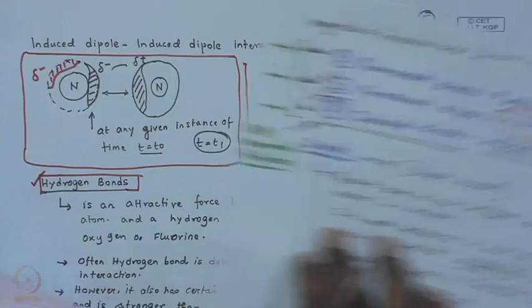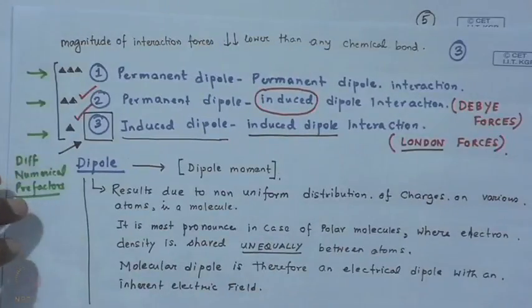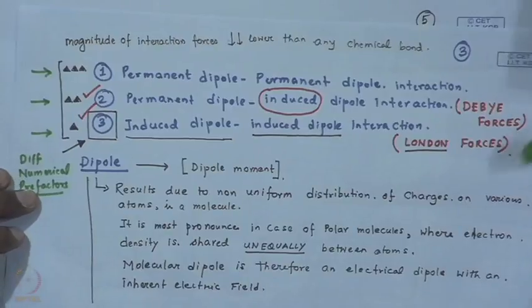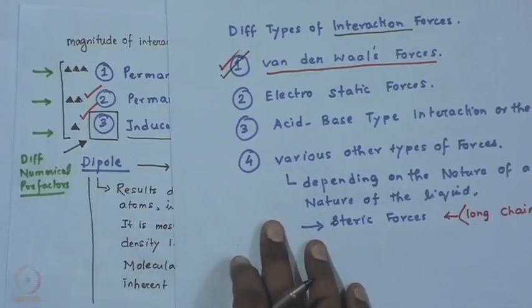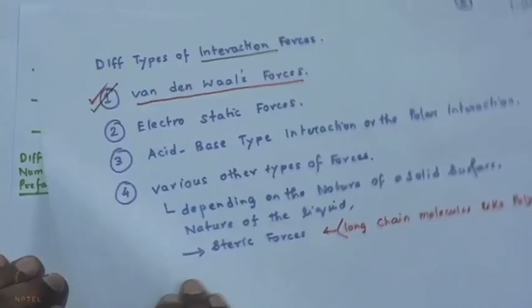Okay. So, with this much understanding, let us do a quick recap. The other important thing is that these electrostatic forces, before I move on, I must have a quick mention about it.